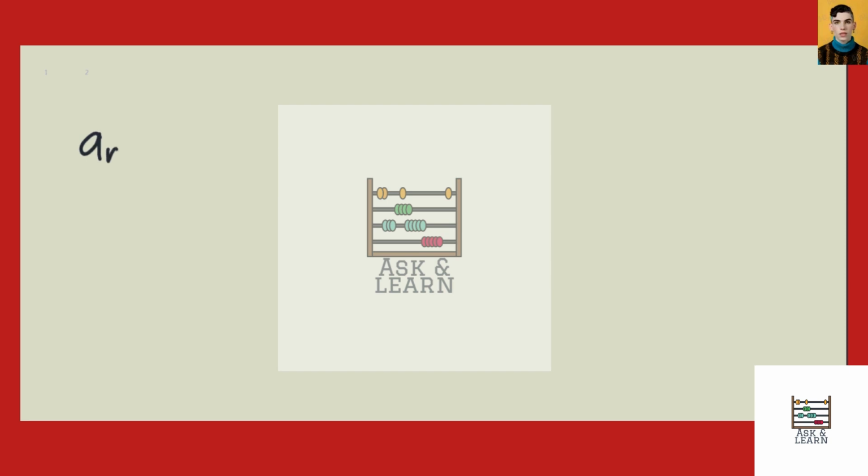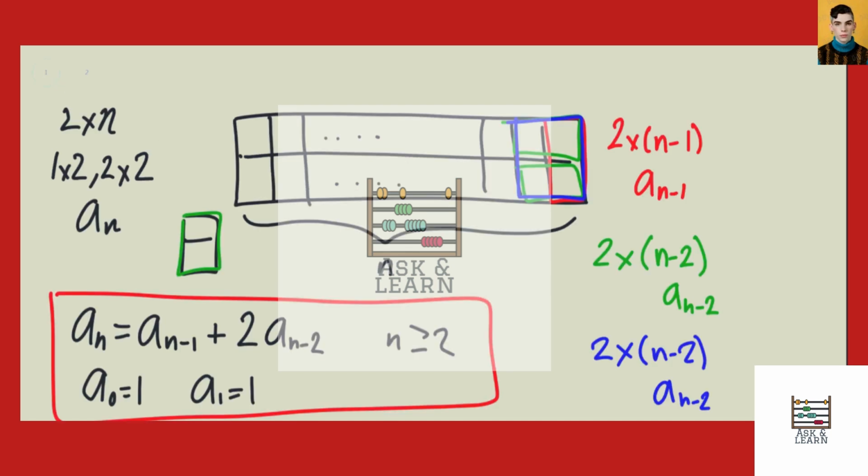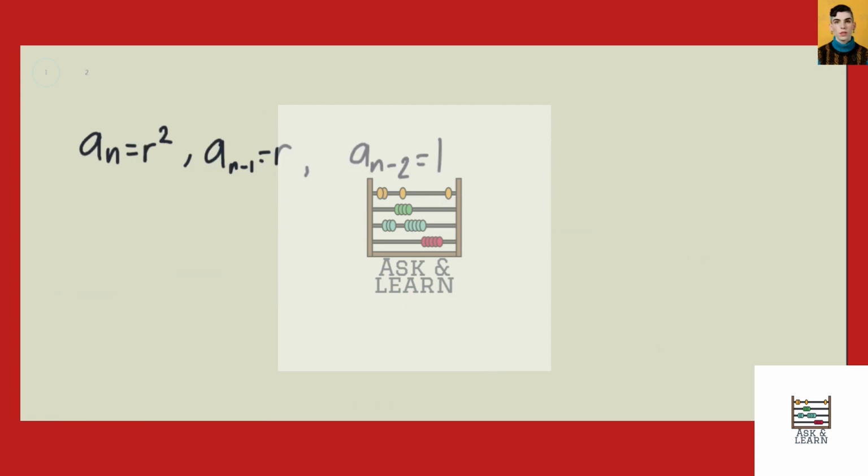Now we want to go ahead and find the roots of the characteristic equation. So if we let a_n equal r squared, a_(n-1) equal r, and a_(n-2) equal 1, and put that into the expression we have here in red, we'll get r squared is equal to r plus 2.